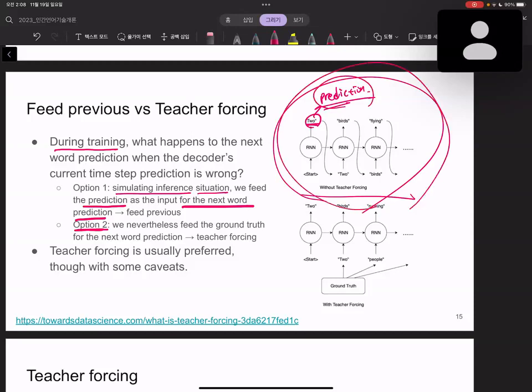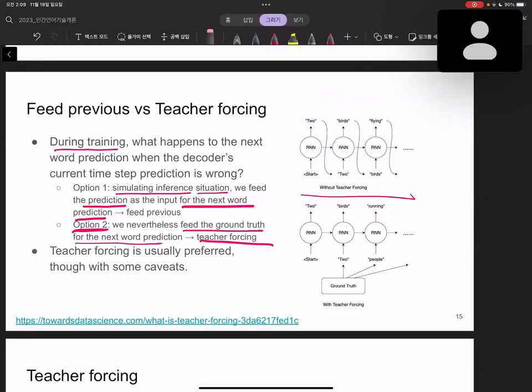In this feed previous situation, the input of each time step may not be correct. So the other option is that we nevertheless feed the ground truth for the next word prediction, and this is teacher forcing.